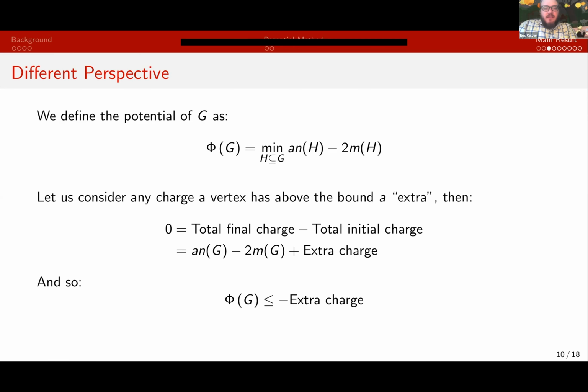And so because of the way the potential is defined, as A times the number of vertices minus 2 times the number of edges, we get that the potential is upper bounded by this negative quantity equal to the amount of extra charge we have in our discharging argument. And so this leads into what our particular results are going to be.